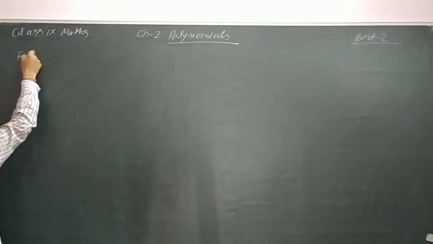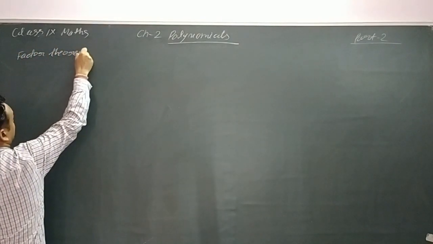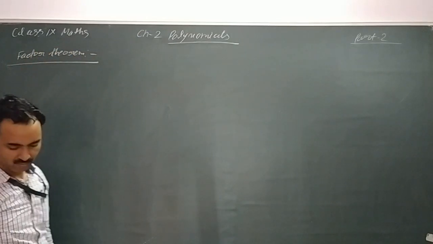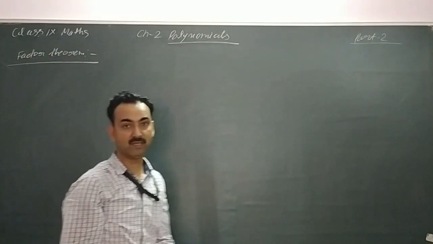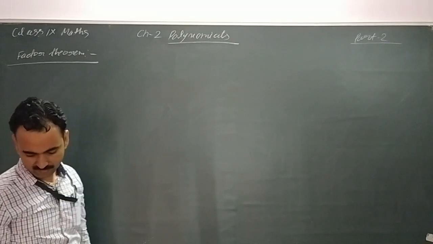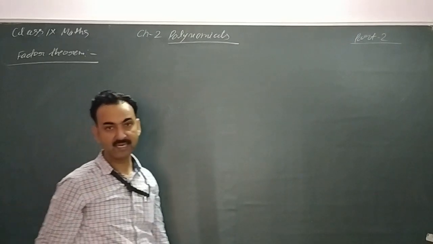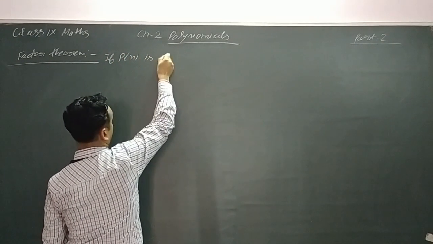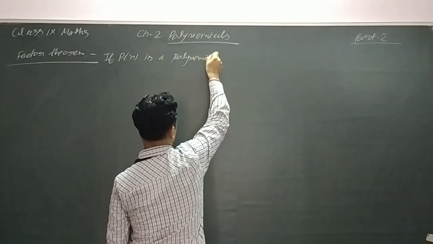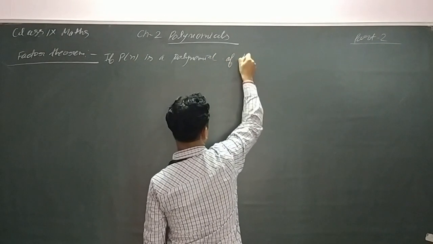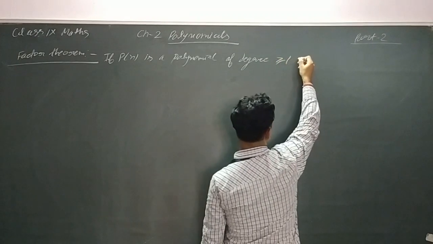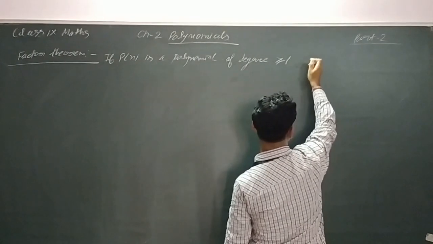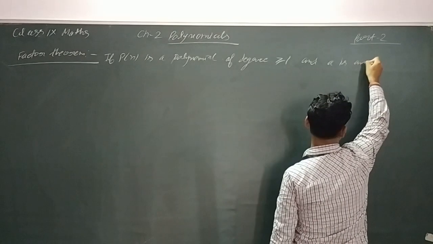If P(x) is a polynomial of degree greater than or equal to 1, and a is any real number, then there are two cases.